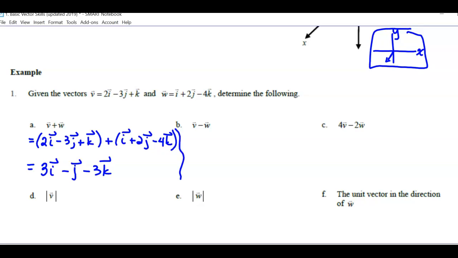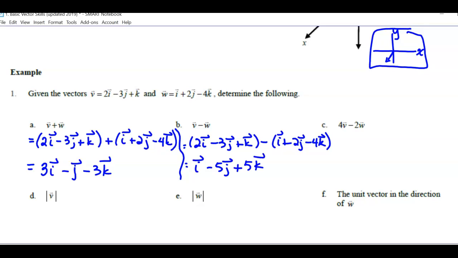Then subtracting. Okay, so collecting like terms. And then multiplying through by the scalar first.